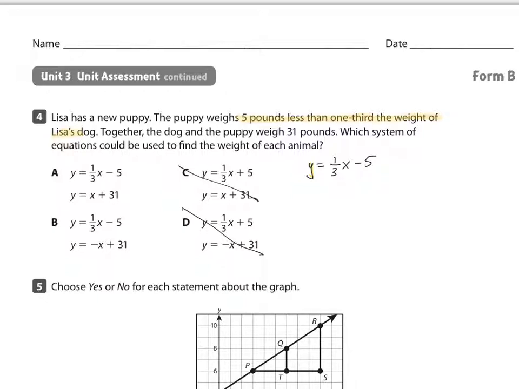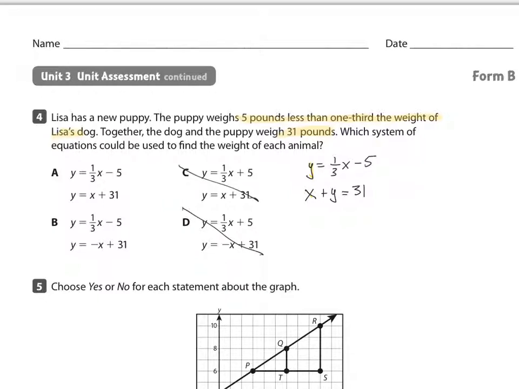The next part says, together, the dog and the puppy weigh 31 pounds. Okay? So, let's use two variables. So, X is the big dog, Y is the puppy, and now that's going to give you 31 pounds.